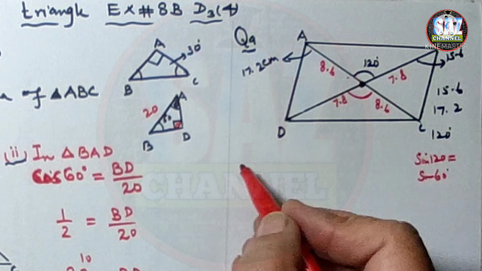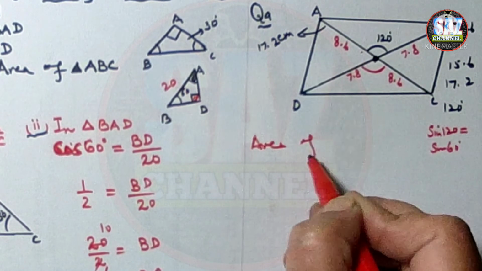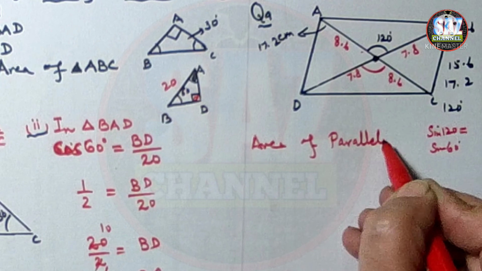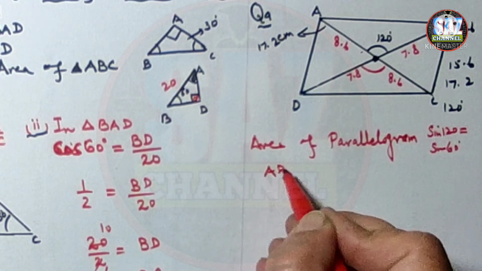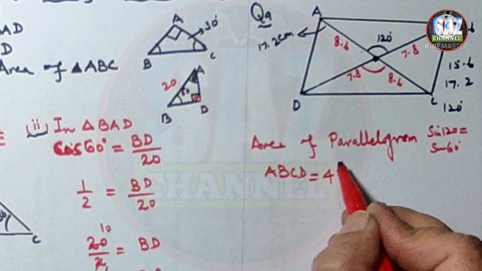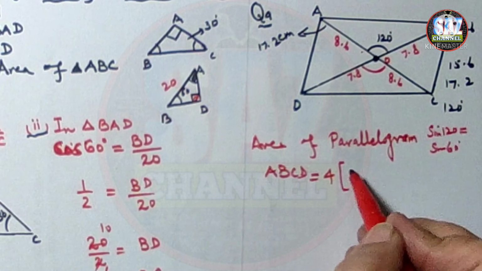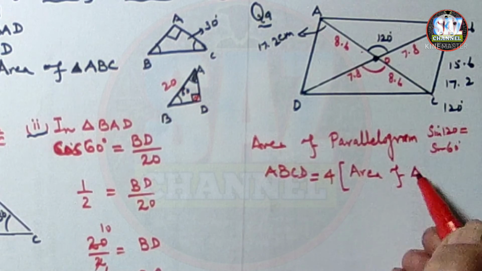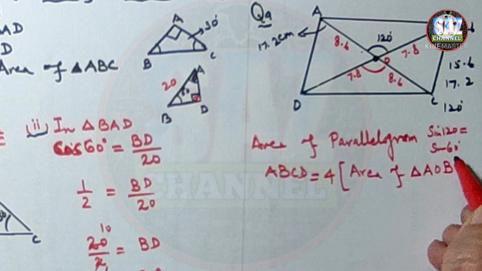So the area of parallelogram ABCD will be equal to 4 times the area of any one of the triangles. Let it be O; the area of triangle ABO or AOB.